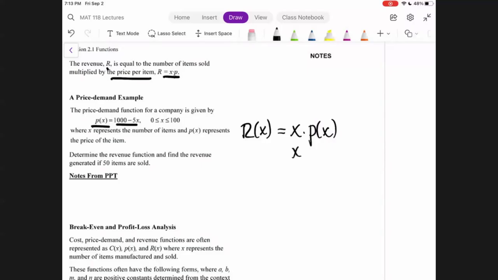So X times 1,000 minus 5X would be 1,000X minus 5X squared.